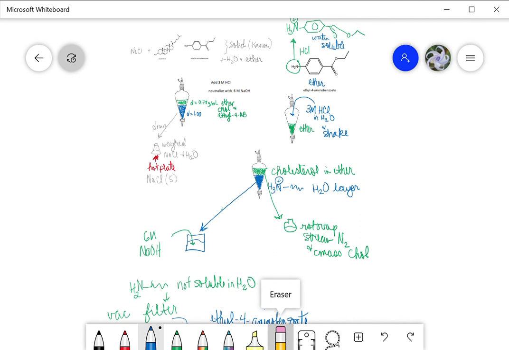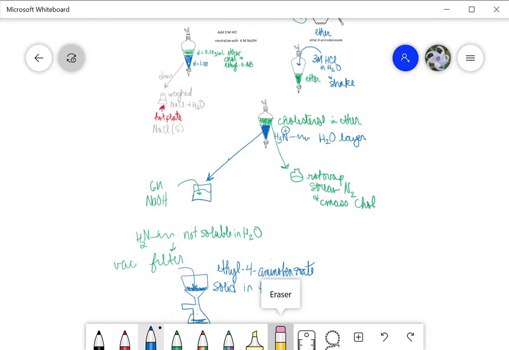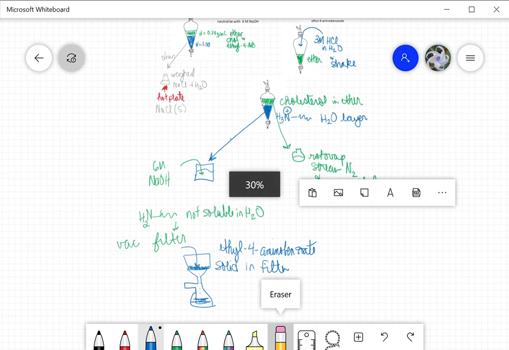Every container that you have has to be labeled. There are no colors in this lab. The sodium chloride is a white crystal, the cholesterol is a white crystal, and the aminobenzoate is a white crystal. So you won't be able to use your eyes to determine what compound you might be looking at.